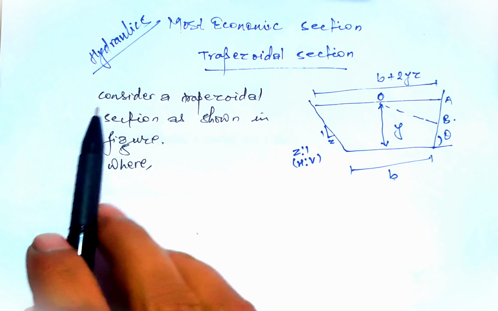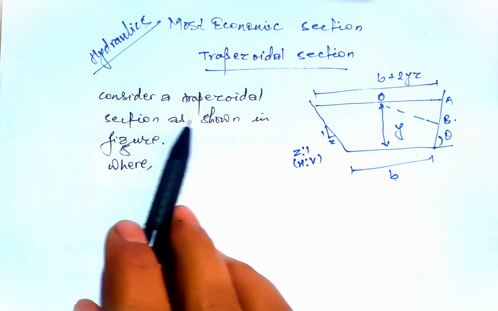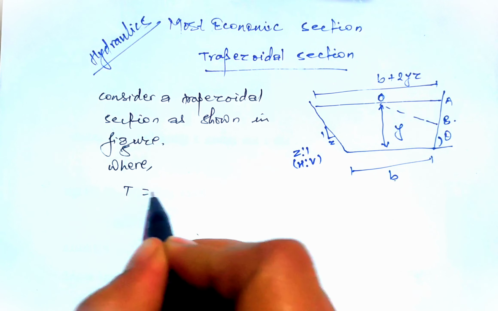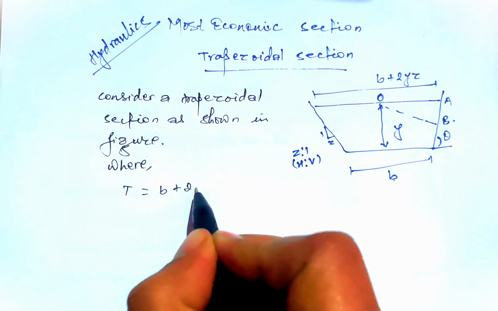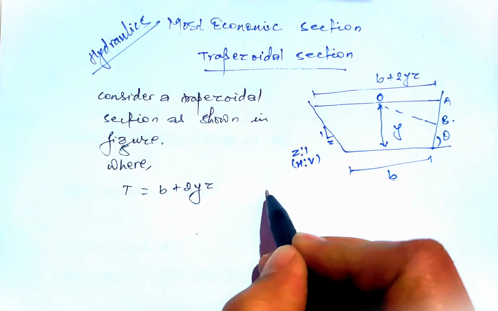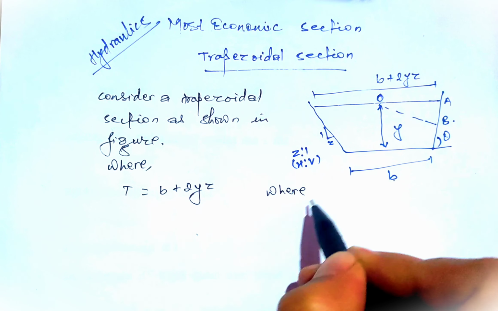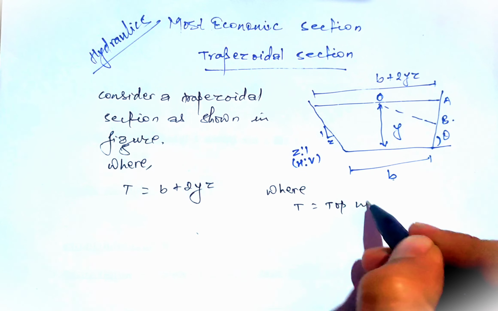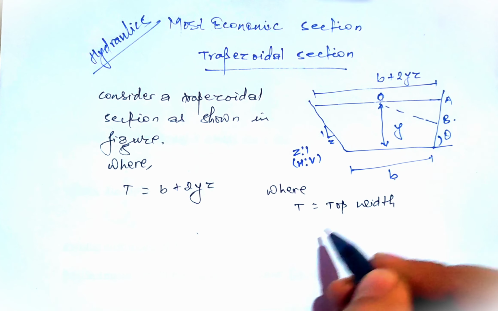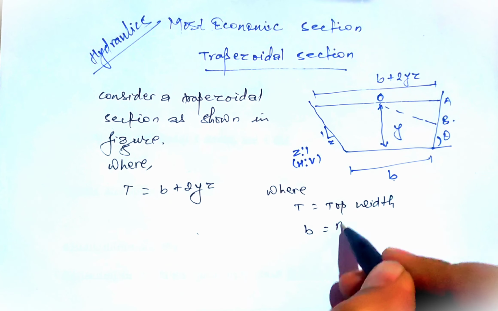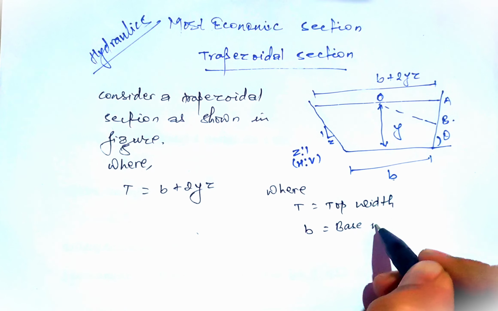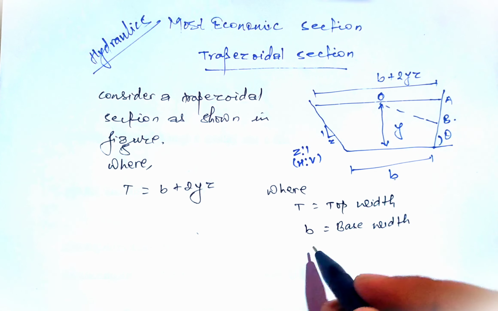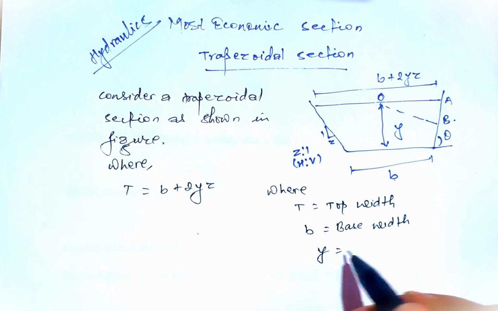So let's start. Consider a trapezoidal section as shown in the figure, where T can be given as b plus 2yz, where T equals top width, b equals base width of the channel, and y equals depth of flow.